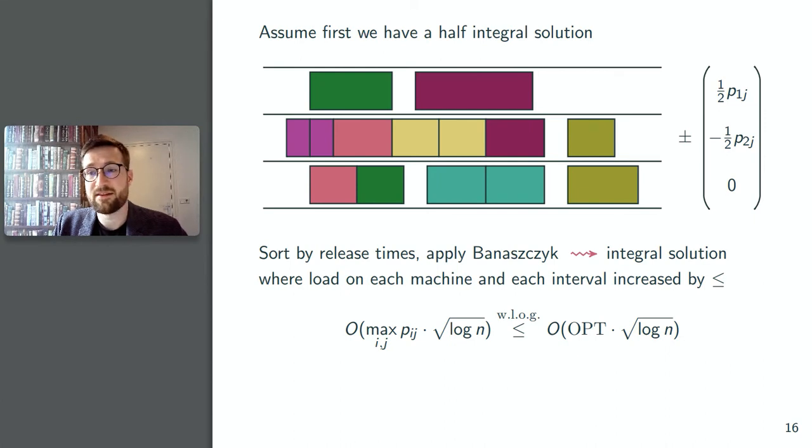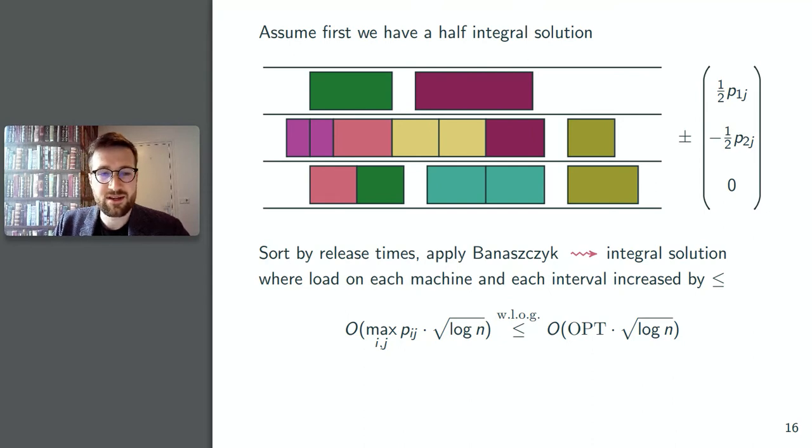Because these vectors that we have here are each bounded in L1 norm by the maximum of p_ij. And of course these signs then tell us where to assign the job. So if it's positive, in this case, so for this vector, if the sign is positive, I assign it to machine 1, and if the sign is negative, I assign it to machine 2.